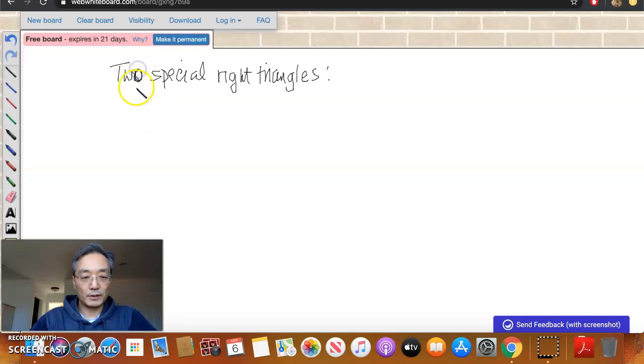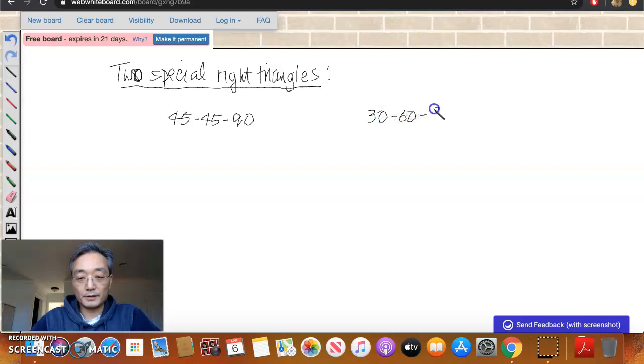That's an O, by the way. Okay, and the first one we have is the 45, 45, 90 right triangle, and then we're going to have what's called the 30, 60, 90 right triangle.